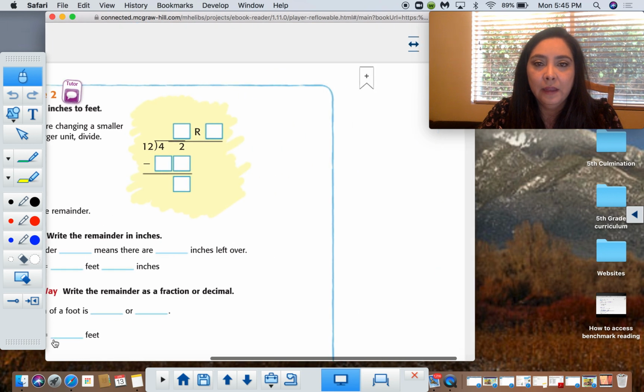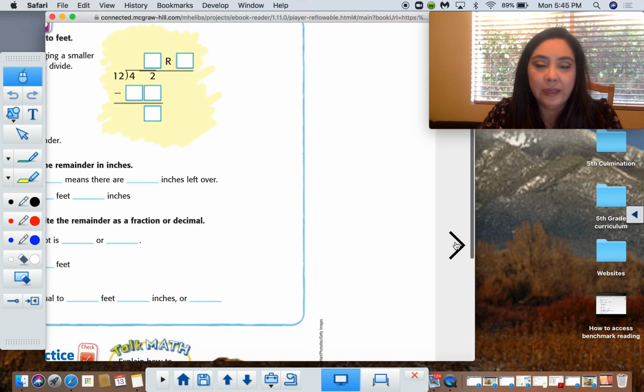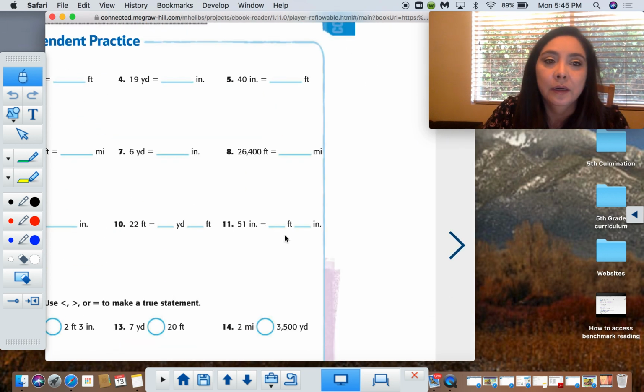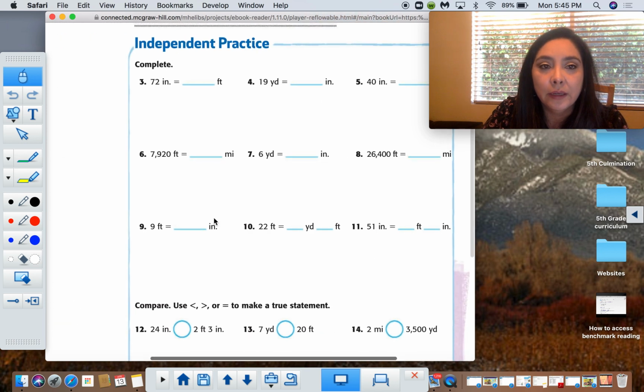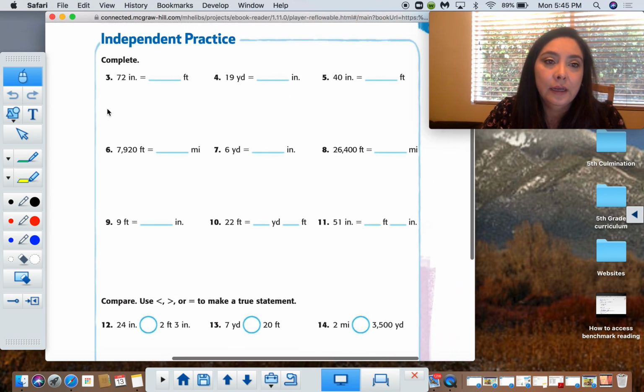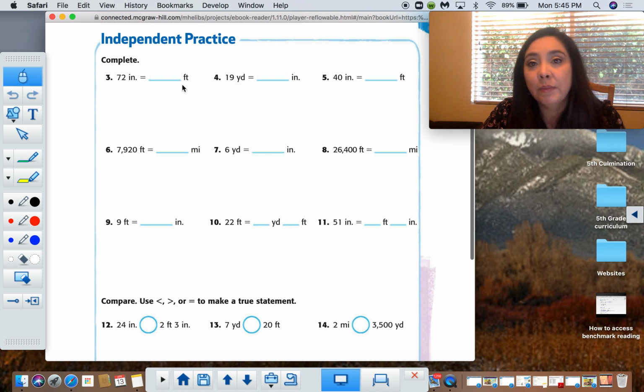Alrighty. Let's move on to the next page, what you're going to do. You are going to convert inches into feet. Remember, when we go from inches to feet, there are 12 inches in a foot. And then you're going from yards to inches. Okay?